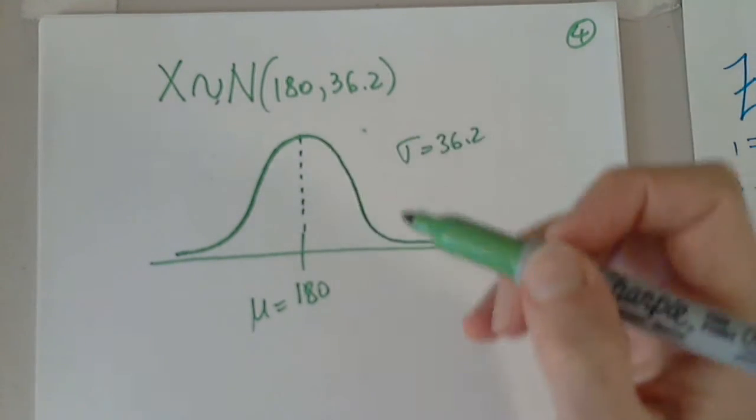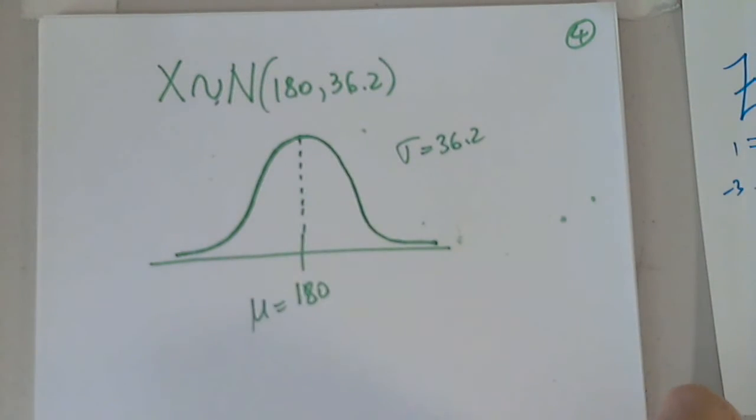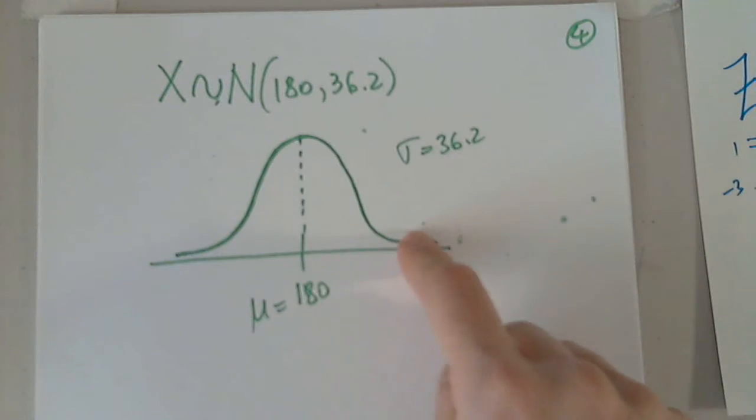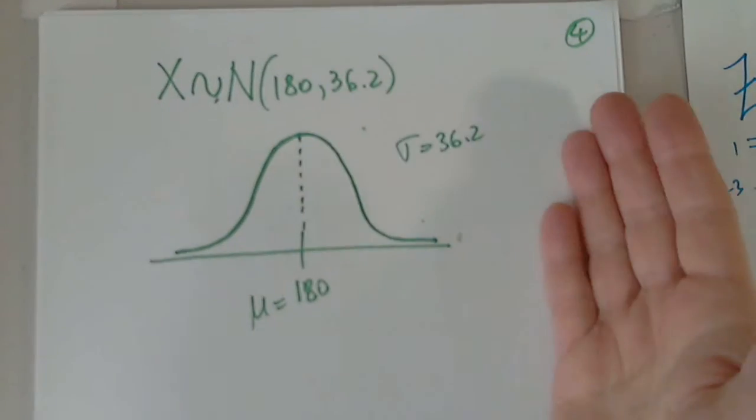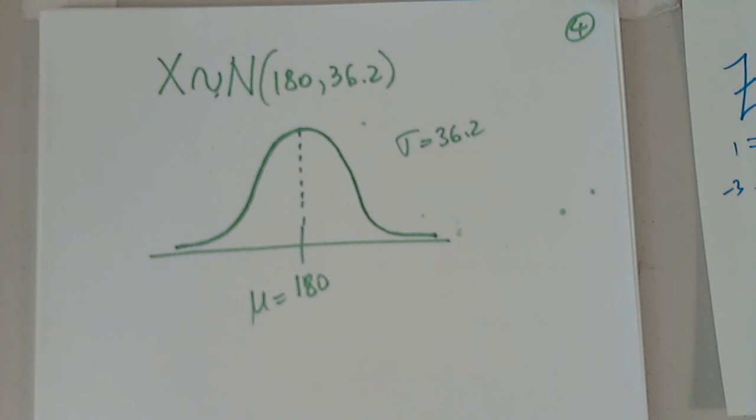What does this mean? It means this side should be 50% and this side should be 50%. 50% of the observations are higher than 180, 50% are lower than 180. Okay, so we did part A. Part B: an individual with total cholesterol greater than 200 is considered to have high cholesterol.